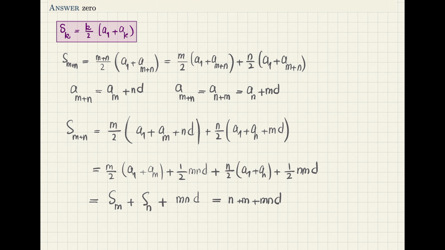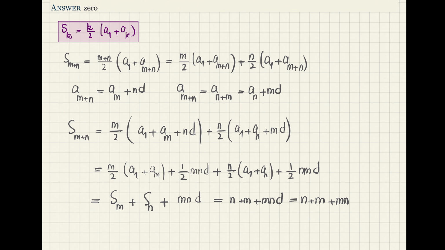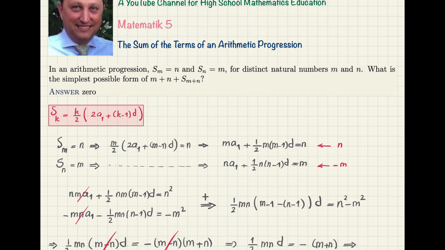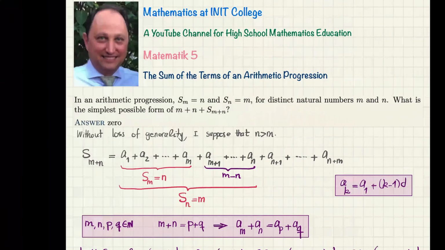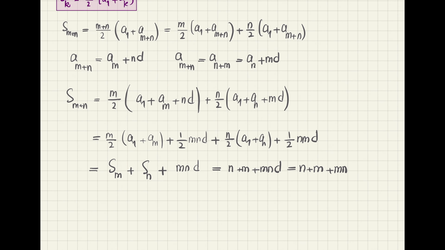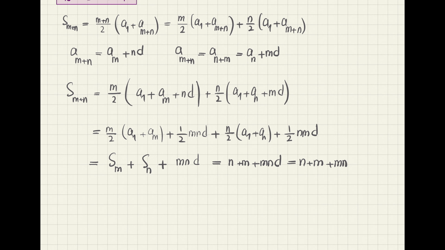Now do you remember we calculated d in the first solution, in the first method. So let me just use that information. This is the expression that I have to take with me to the other page. So it becomes minus 2 times (m plus n) divided by mn. Yes, but now what happens?